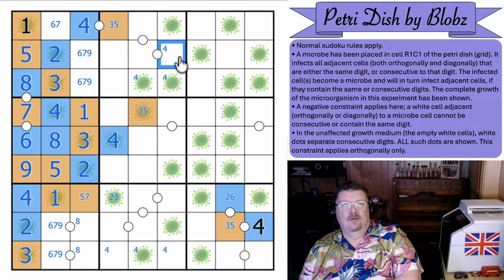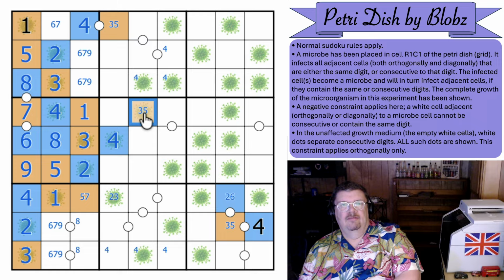If that's a 4, that has to be 3, and that has to be 2. And then what happens, that makes that 5. So if that's a 4, that's a 3, that makes that 5, and that's a 2.